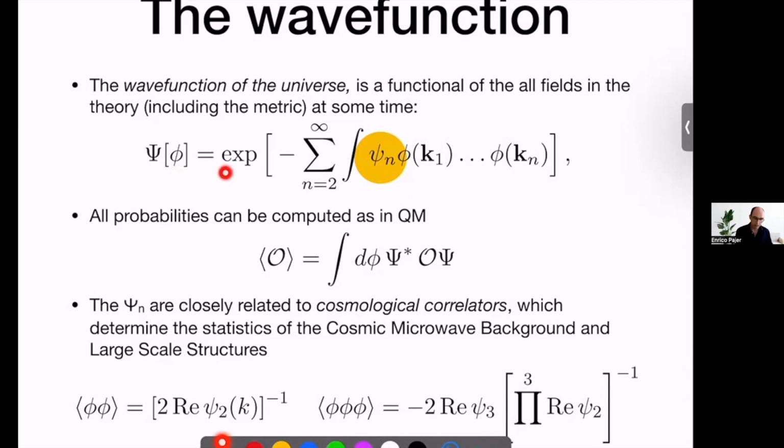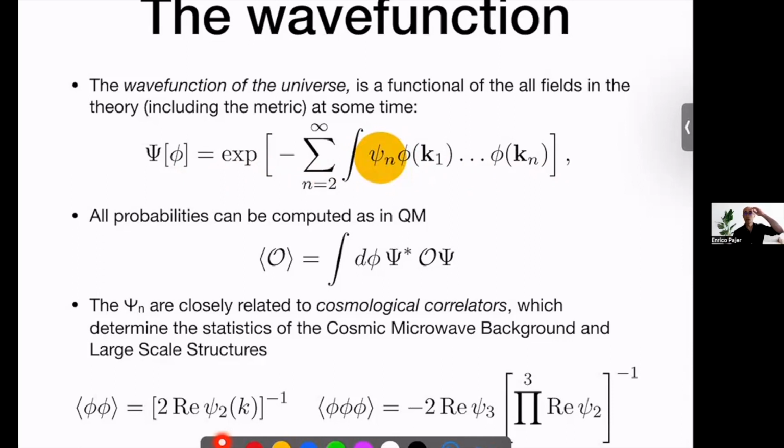And I'm going to want to write it for convenience as the exponential of some powers of the fields with coefficients. If I specify all the values of all of these coefficients psi n, then I tell you what the wave function is. So the goal of the game will be to find ways to constrain and hopefully compute this wave function coefficient psi n. The rest of the talk will be about these psi n.